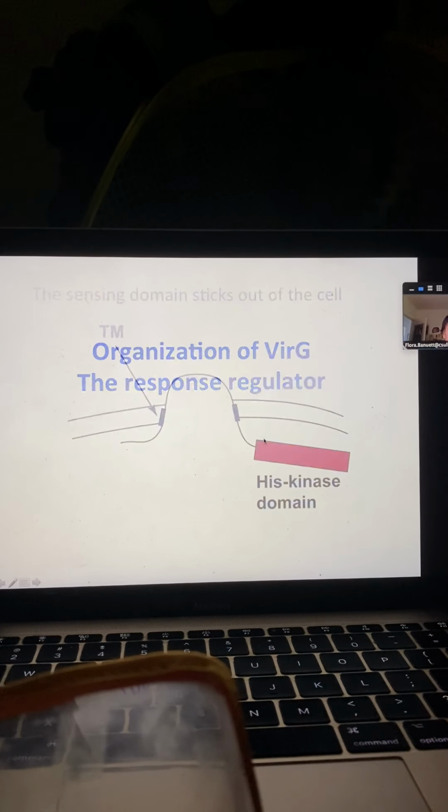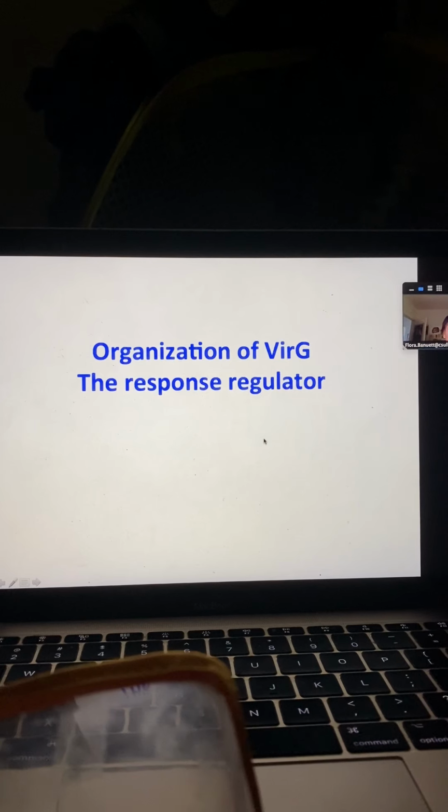I'll come back to that in a moment. Now let's look at VirG, which is the response regulator. And remember that VirG is that protein that I told you recognizes the Vir boxes and helps RNA polymerase transcribe the genes and operons in the Vir regulon.